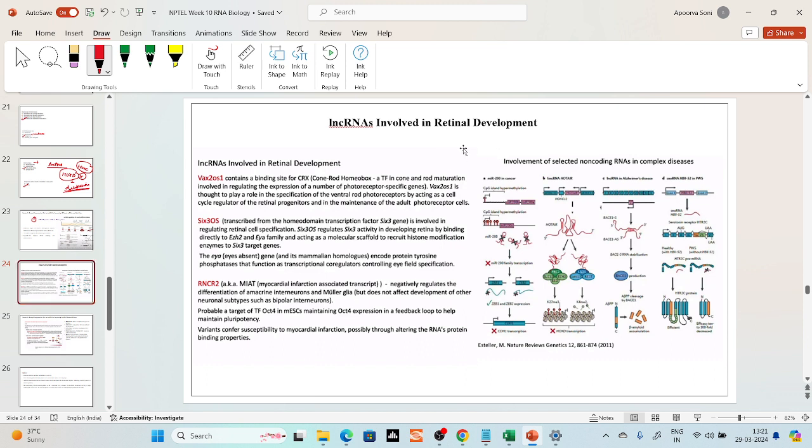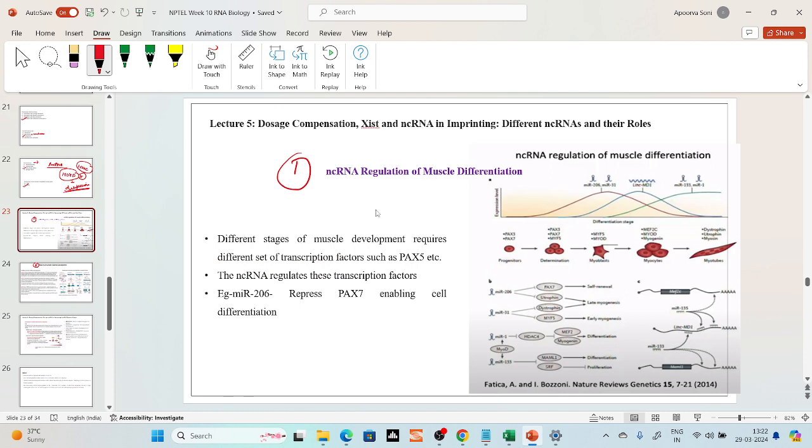Then non-coding RNAs are also required for retinal development. So what are we studying? We are studying the different roles of non-coding RNAs. We have already studied that non-coding RNAs are required for genomic imprinting, and for RNA interference or silencing. And now we are looking at other roles of non-coding RNA. First, they are required for muscle differentiation.